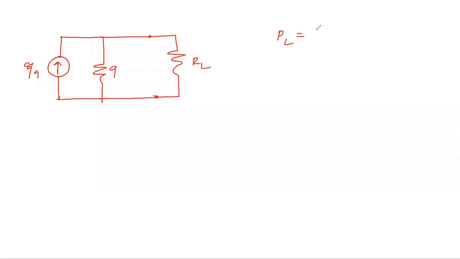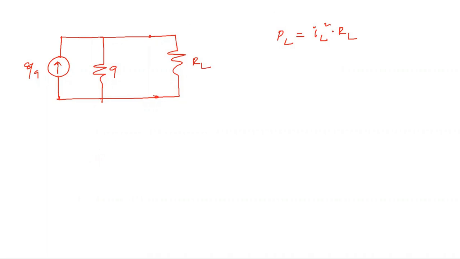So you have to get the same thing. Load power must not change. Even if you use Norton or Thevenin's, nothing will change. PL is equal to 8 by 9 plus RL, whole square, into RL. That is IL square into RL. So what is IL? Tell me.